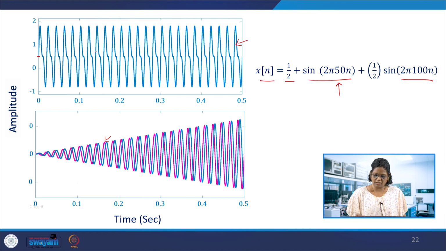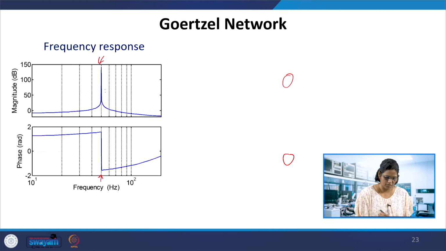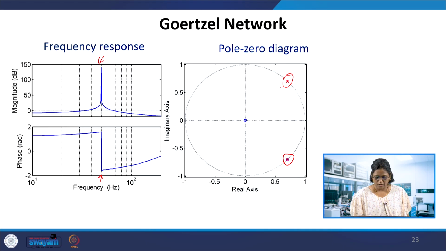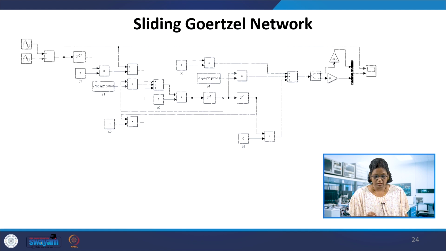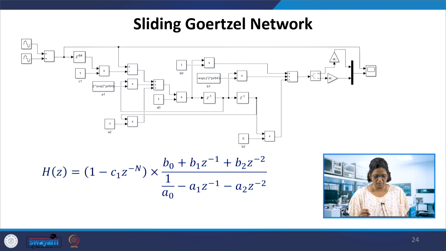So it can extract only 50 hertz, fine, but the amplitude should be 1 after some time, and we need to stabilize it. In the case of the Goertzel, the pole is cancelling the zero and gives the peak response, and because of this we are not able to stabilize it. So the sliding Goertzel helps in stabilizing this.